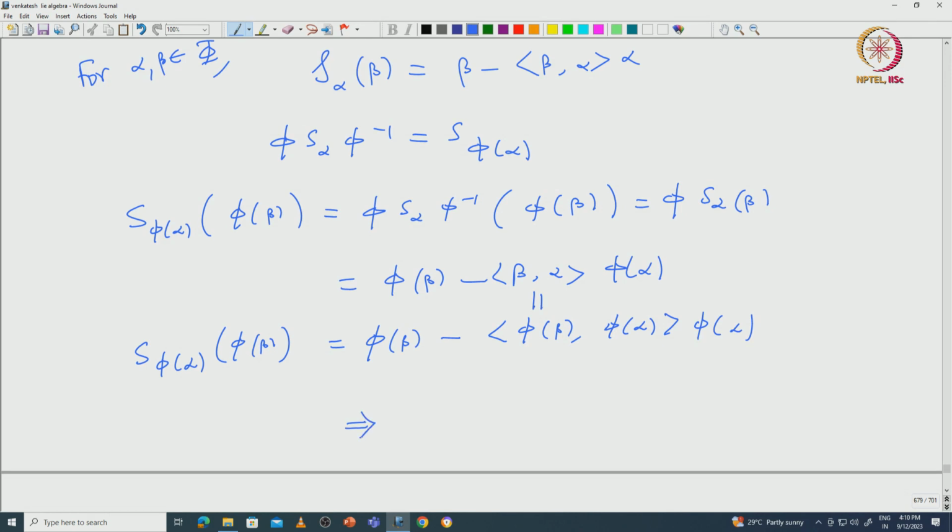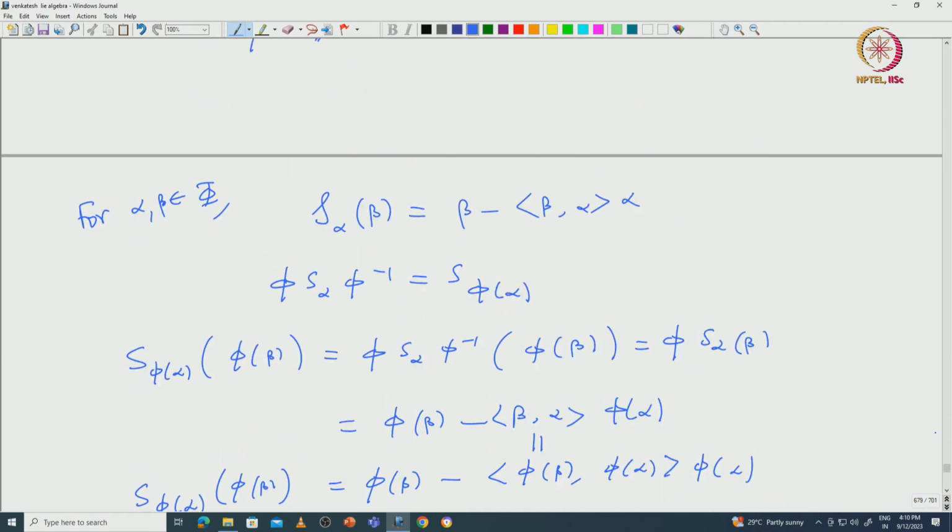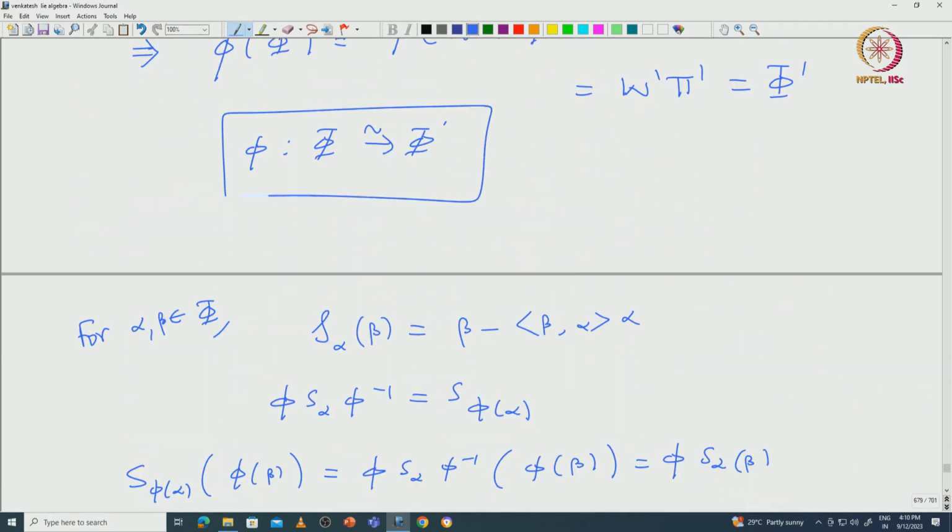that forces the Cartan number ⟨β, α⟩ to be the same as the Cartan number ⟨π(β), π(α)⟩, and since this is true for all α, β inside Φ, the map π that we defined is actually an isomorphism between the root systems.